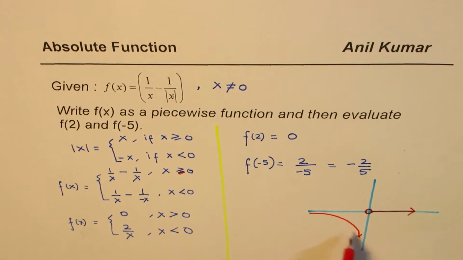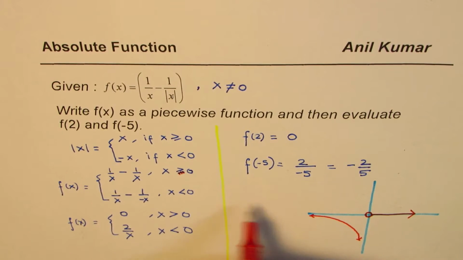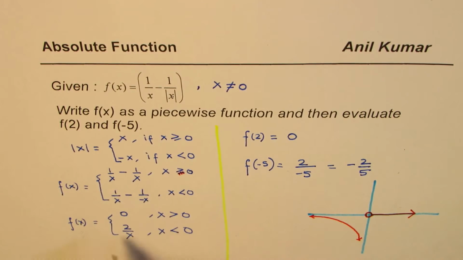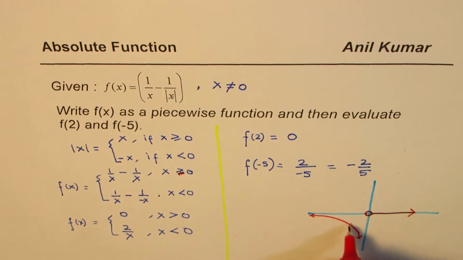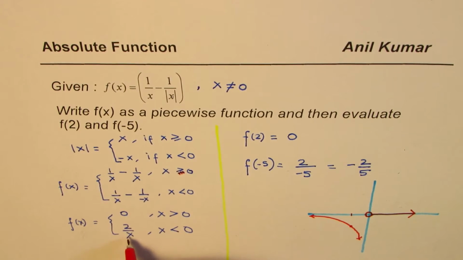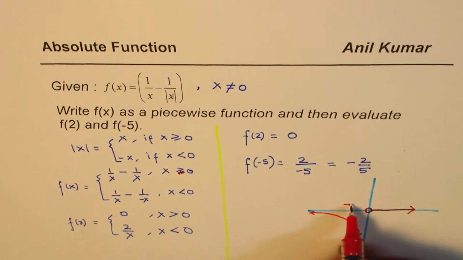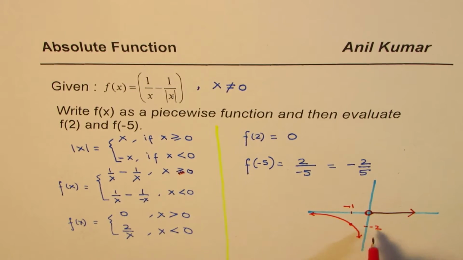So of course you can make a table of values, and then sketch it. So if x is 1, for example, the value will be 2, right? So this point could be, if x is 1, and for minus 1, it will be minus 2, right? So you could have a point minus 2 here.